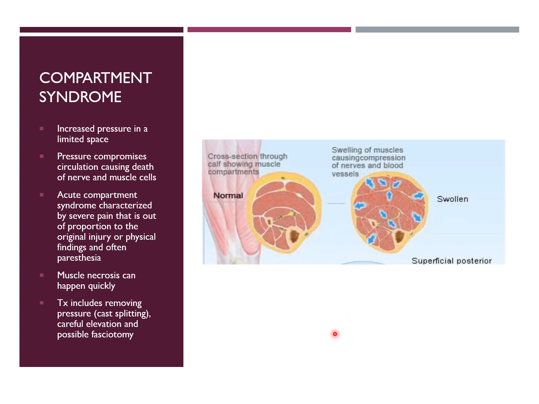If compartment syndrome happens, the muscle within that fascia can start to necrose or die really quickly. So one of the things with fractures is to really watch these patients closely for signs of compartment syndrome because it does require rapid intervention to prevent that muscle tissue from dying.